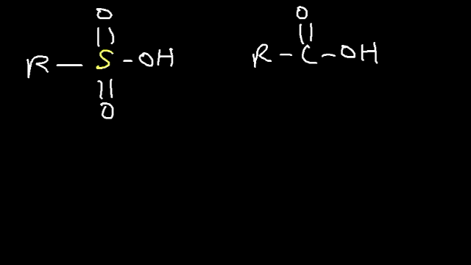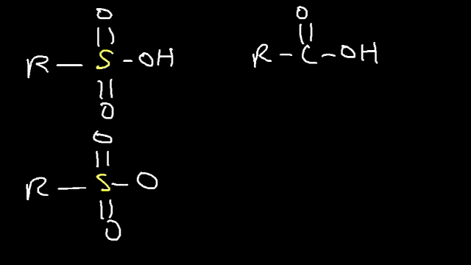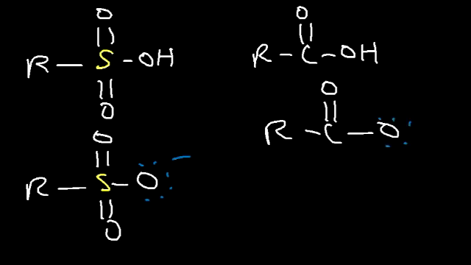So notice that if you were to draw the conjugate base, there's 3 oxygens on the sulfur, and so the negative charge can move between 3 oxygen atoms, but for the carboxylic acid, the negative charge can only move between 2 oxygen atoms. So therefore, sulfonic acid is much more acidic than a carboxylic acid.